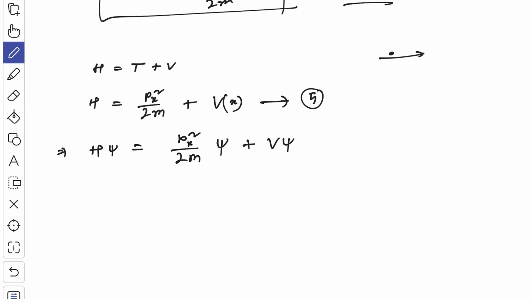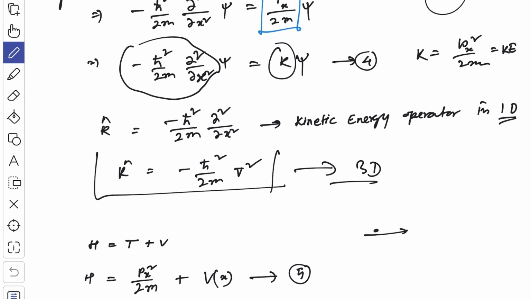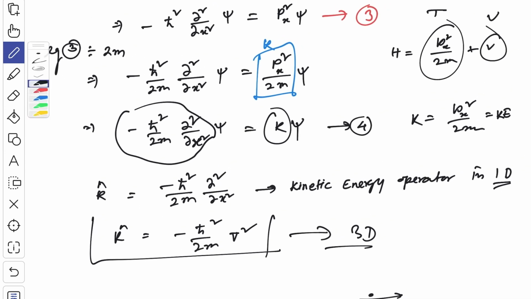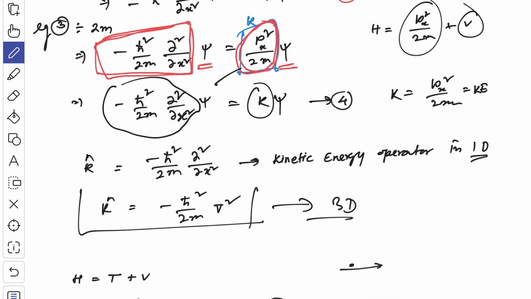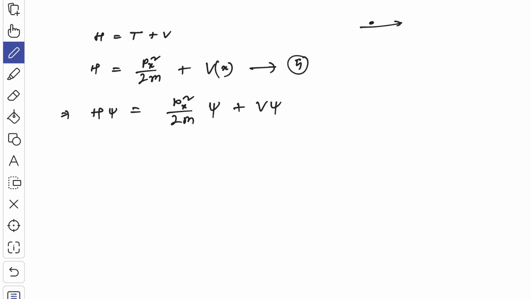Now you see this px square by twice m, if you go back to this equation, here you can see px square by twice m can be replaced by this part of this equation. Here you can see this is also psi, this is also psi, so that's why px square by twice m can be replaced by this. So hope you have understood. So now let us replace this here.